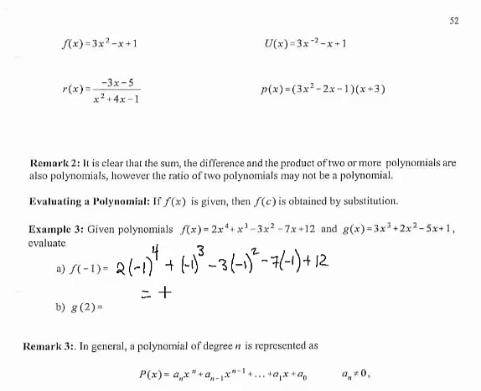So with f of -1 written out, I will go through and apply the exponents. -1 raised to an even power is simply a +1. This next term has an odd exponent, so that would stay -1.